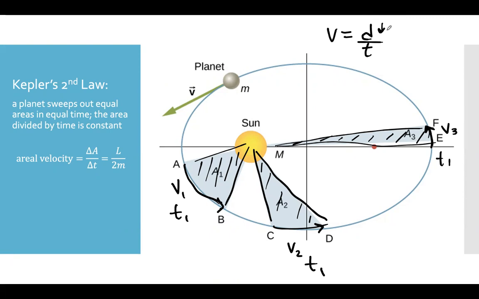So if this decreases, then this must decrease. We can call this velocity the areal velocity, and that is the change in area over the change in time, or length over 2m.